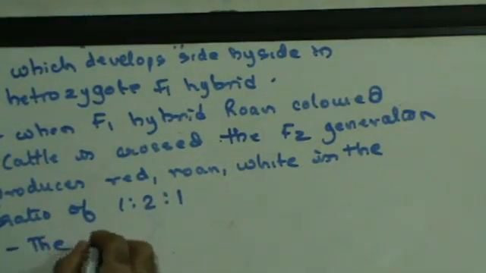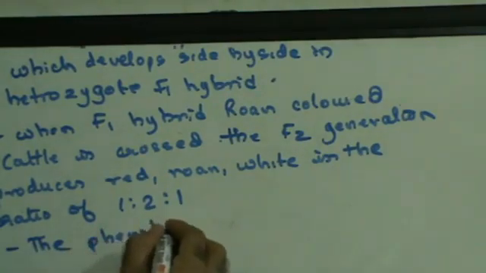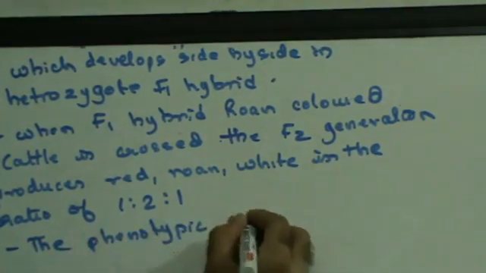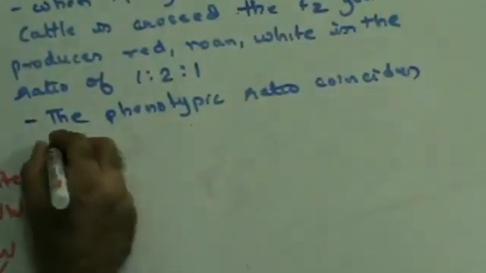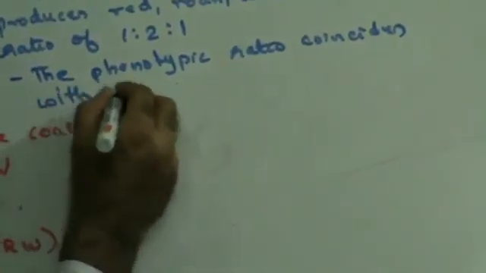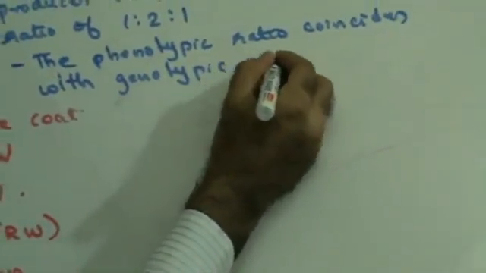The phenotypic ratio coincides with the genotypic ratio. Both the ratios are expressed equal in the same way, right? Thus, the phenotypic and the genotypic ratio are same.